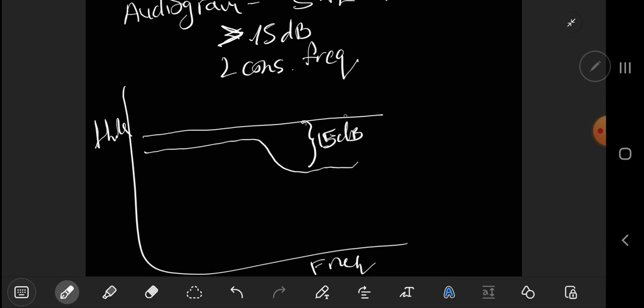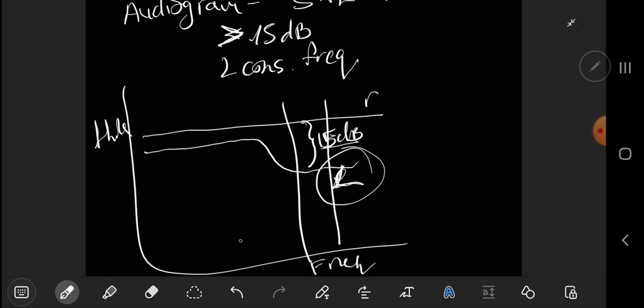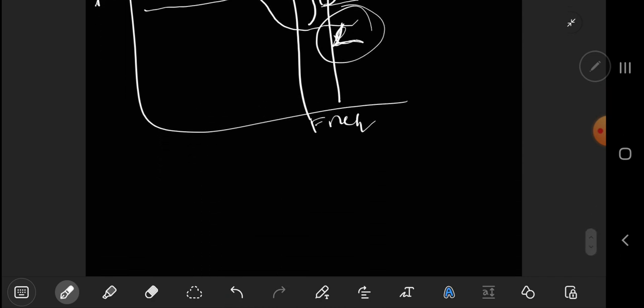So let's say that this is the right ear, this is the left ear, so there are at least two frequencies with at least a 15 decibel difference. It is suspicious for vestibular schwannoma in this ear.